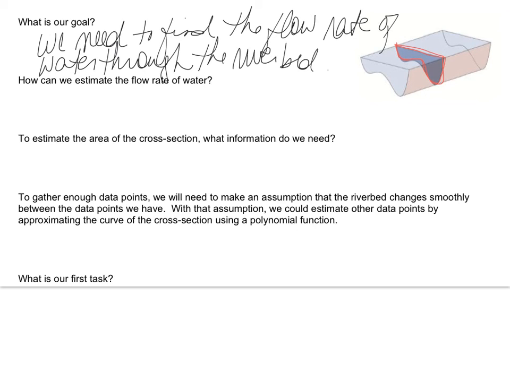So let's write that down. Area of cross-section and current speed of water.